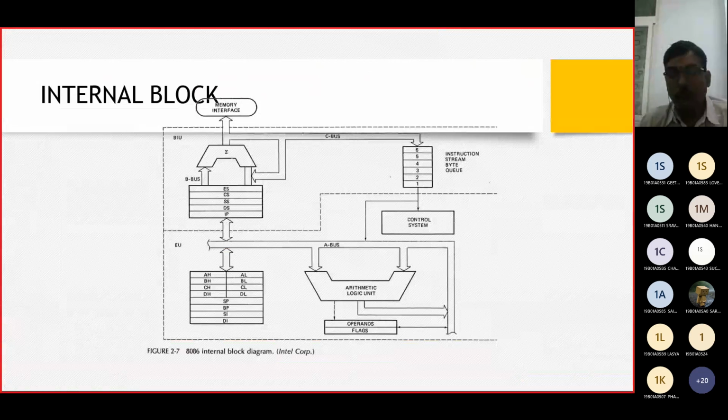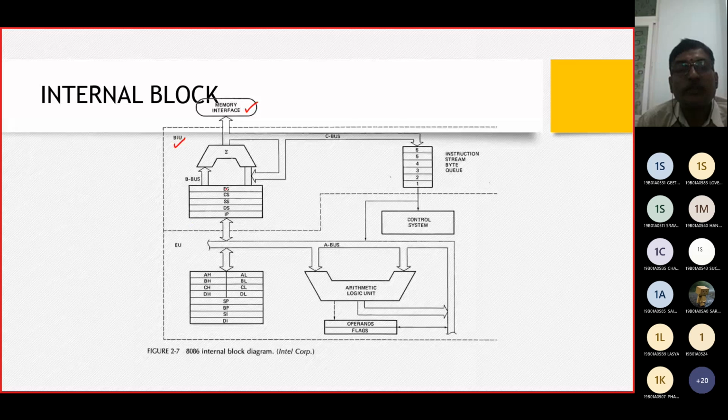Good afternoon. We were talking about the 8086 architectural diagram. In our earlier discussions, we have had enough discussion regarding the memory interface, which is going to bring data to and from the contents. Then we talked about the microprocessor architecture diagram, the bus interface unit.